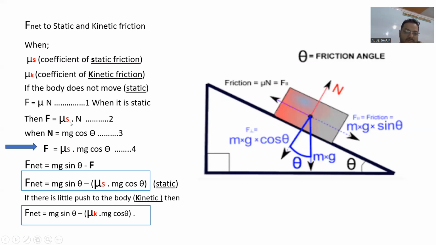Then, when we have static friction, F equals the static coefficient multiplied by the normal force.